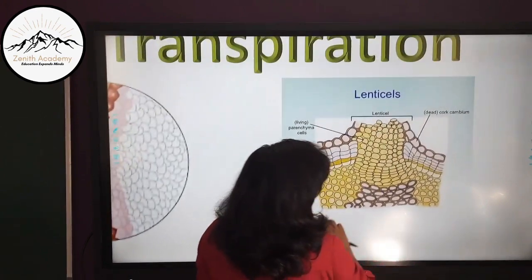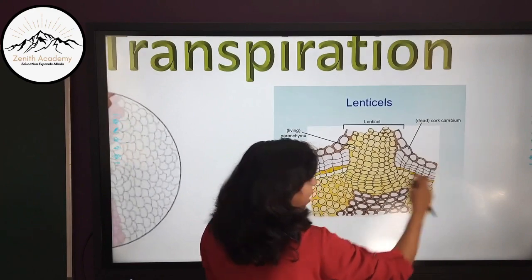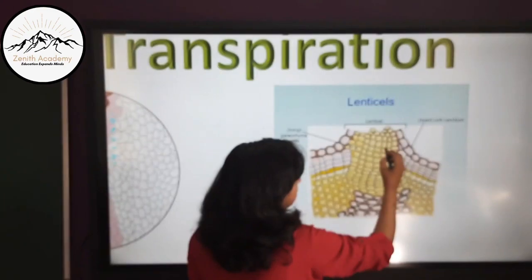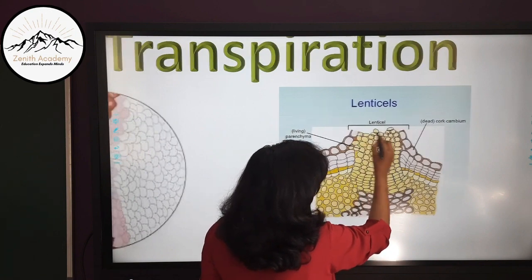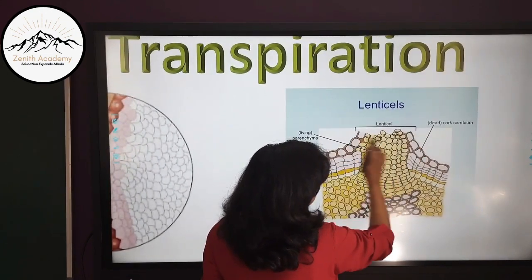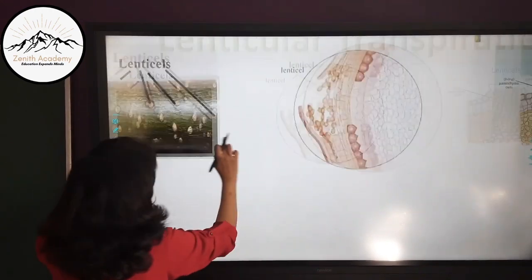These are the living parenchyma cells and these are the dead cells, the bark of it. Whenever there is an injury or whenever they break, these cells form lenticels.